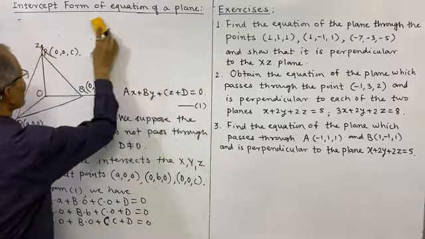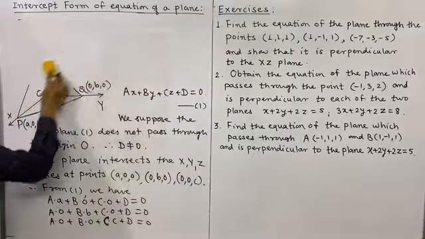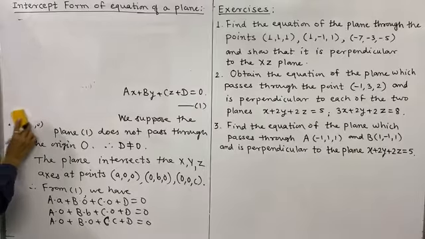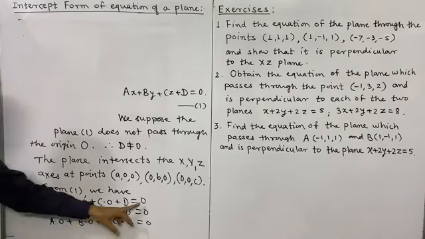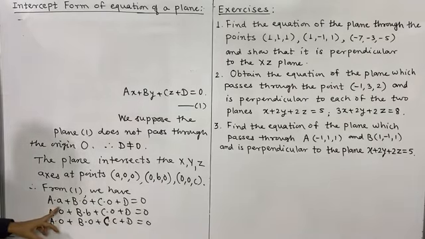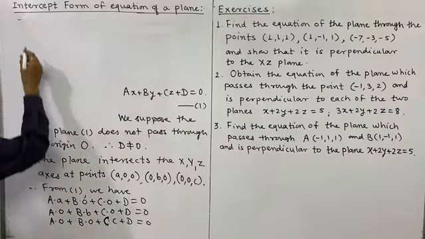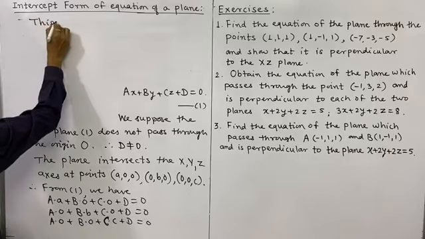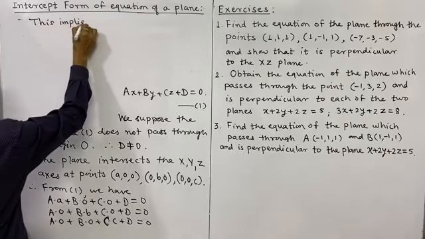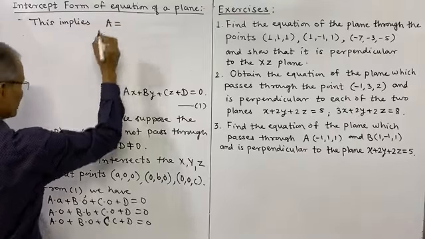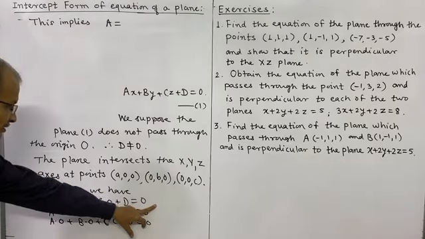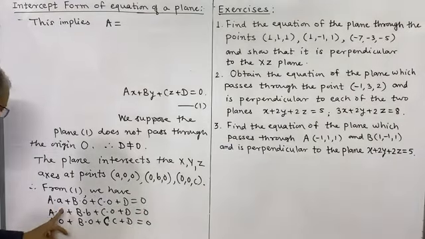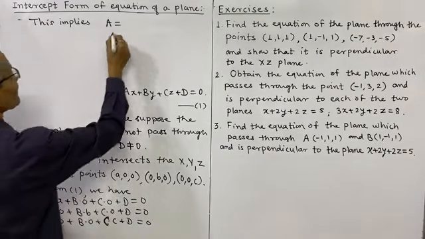So this gives A into small a plus d is equal to 0. From that we can find out the value of capital A. This implies capital A is equal to, this d is to be transferred on the right side, that is negative d divided by small a.